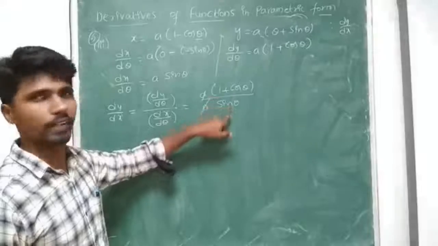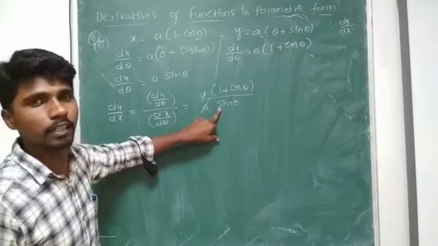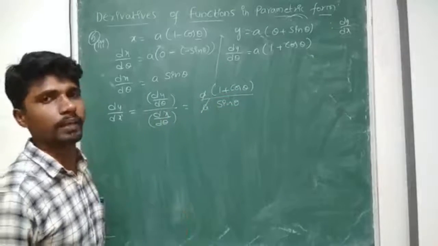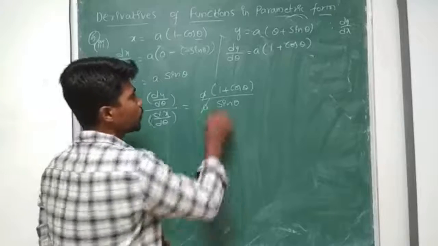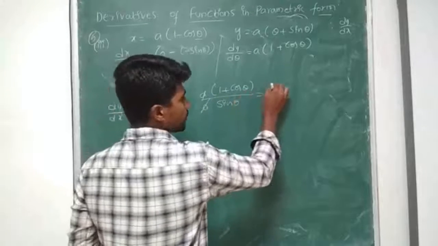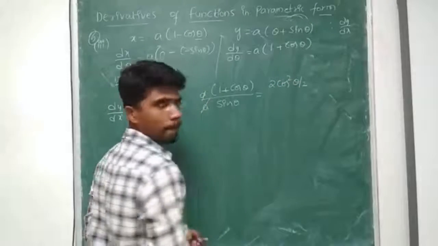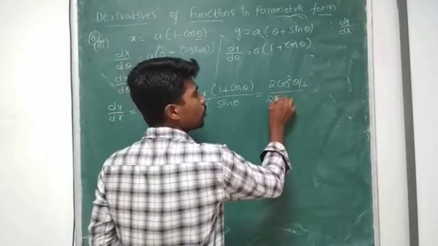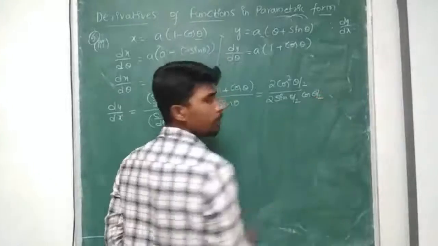Still we can simplify this, which is nothing but 1 by sin theta, cosecant theta, plus cos by sin theta, cot theta. That is one way. Another way, writing in submultiples, 1 plus cos theta can be written as 2 cos square theta by 2, and sin theta can be written as 2 sin theta by 2 into cos theta by 2.